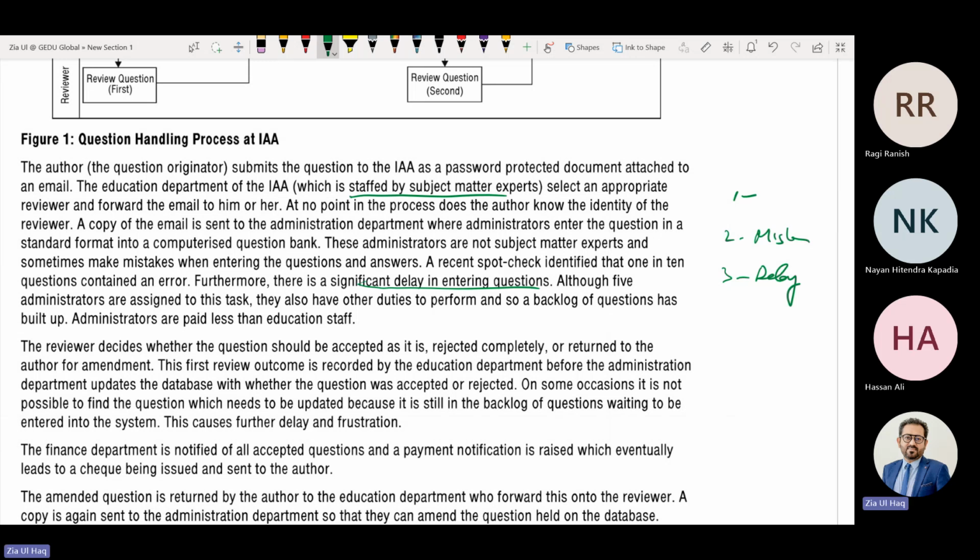Although 5 administrators are assigned to this task, they also have other duties to perform, so a backlog of questions has built up. Administrators are paid less than education staff. If we assign the task of entering into the computer to the education department, there could be a high cost, but that cost will be lesser than the problems that our organization is facing.